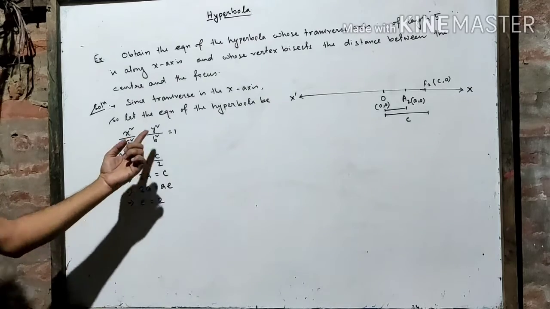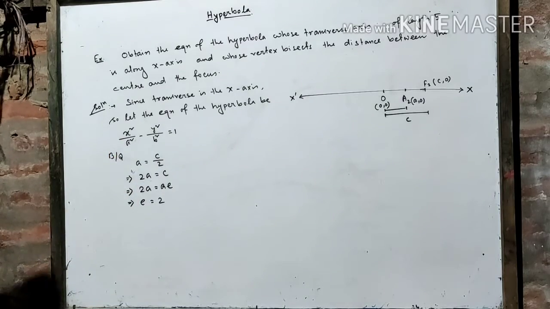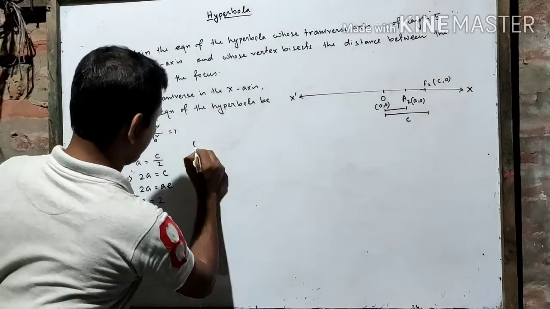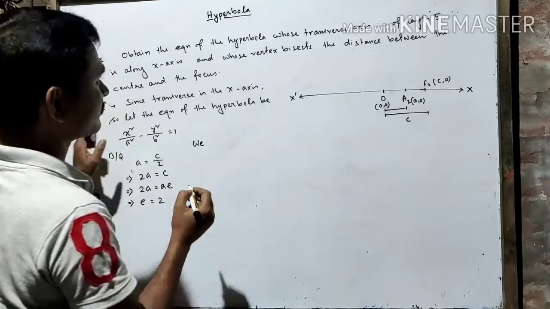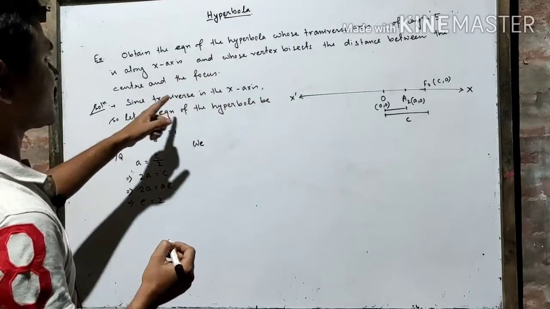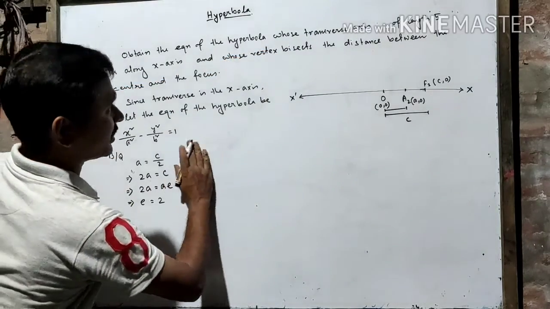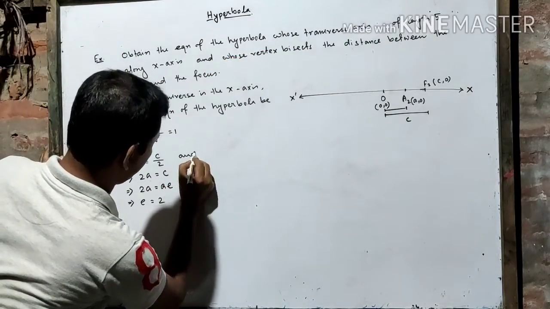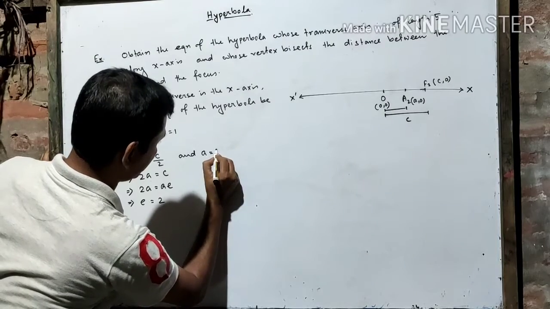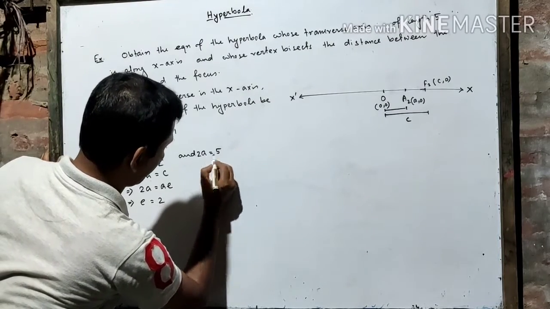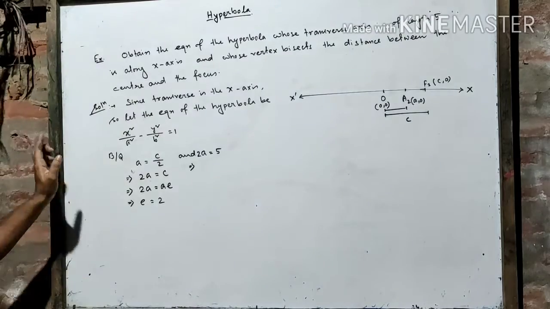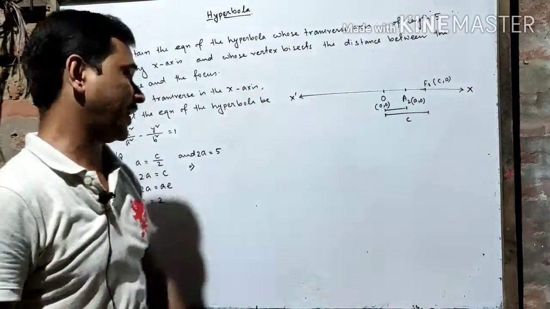Now we have to find a and b. The transverse axis is of length 5. The length of the transverse axis is twice a, which is given to be 5 here.